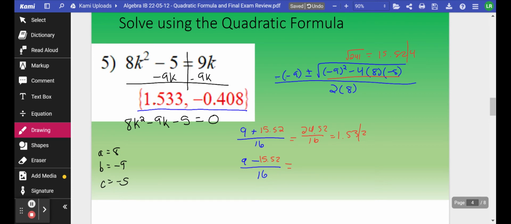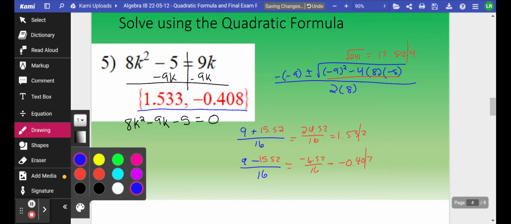9 minus 15.52 is negative 6.52 divided by 16. And I get negative 0.407. And then we round.